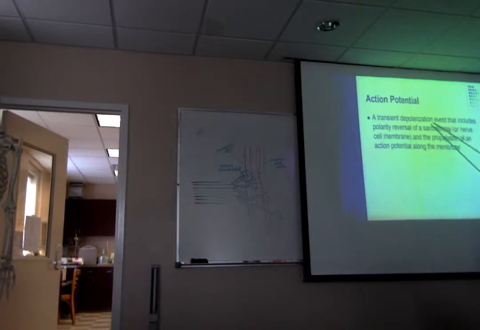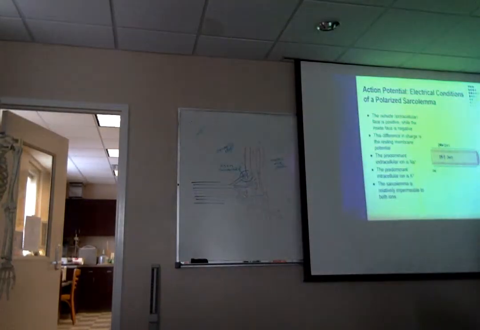So it says an action potential is a transient depolarization event that includes polarity reversal of the sarcolemma. It means that the inside goes from being negatively charged to positively charged, and then it propagates along the sarcolemma. Remember, this is the situation at rest, where sodium is concentrated mostly on the outside, which has a positive charge.